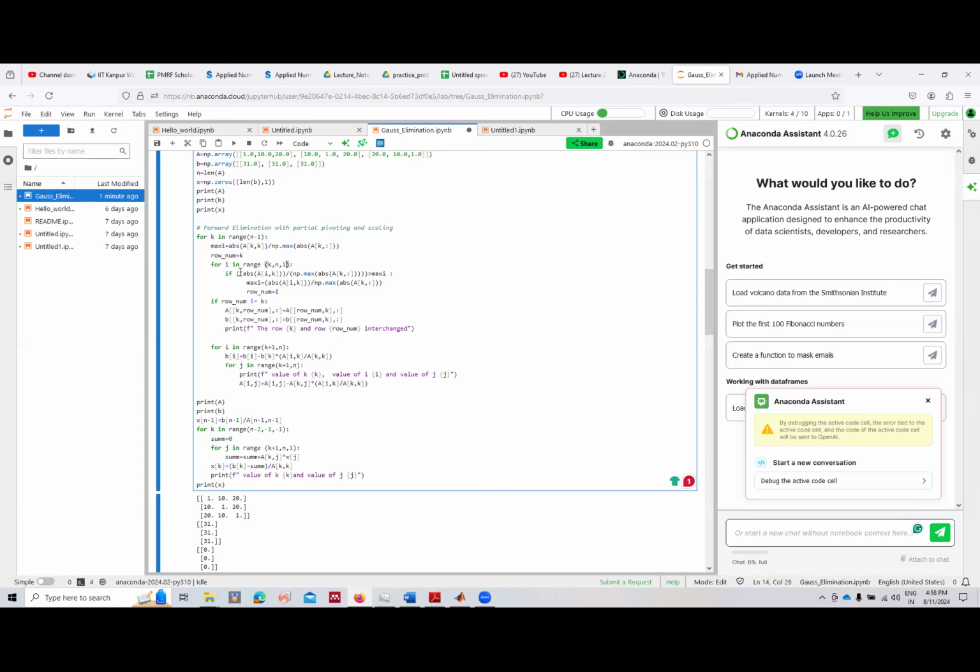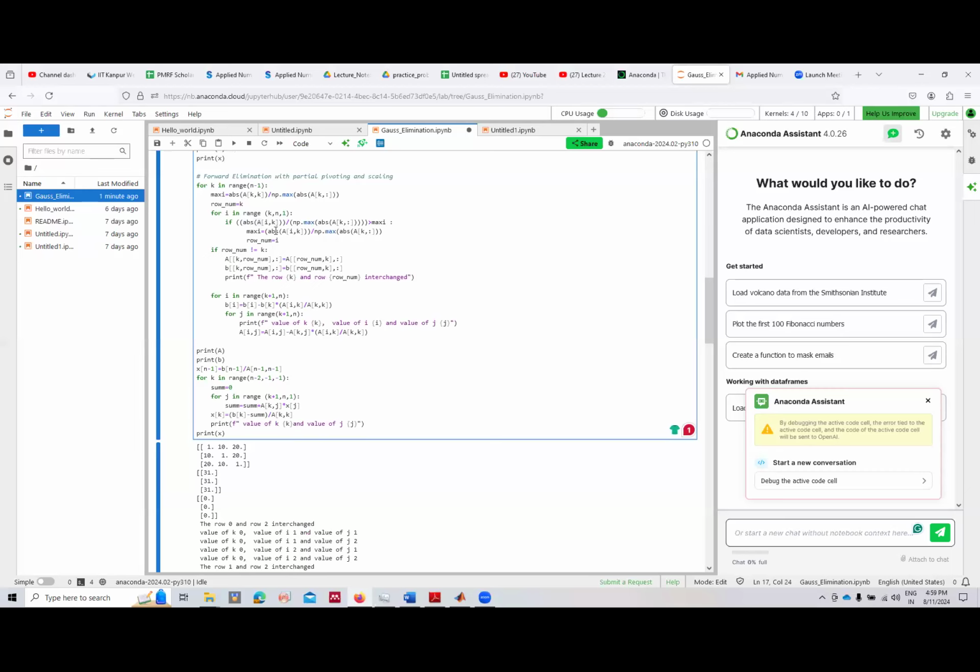What I do, I simply check. Suppose i equal to k, i equal to k plus 1. I check the absolute of that column value divided by the maximum value in that row. If that value is greater than my maximum value, then my row number will be the ith row. I do that for all the rows.